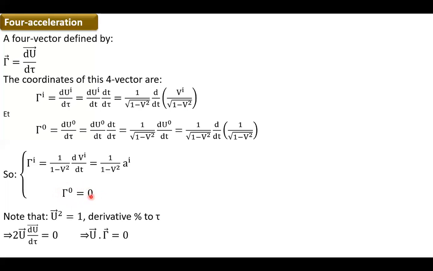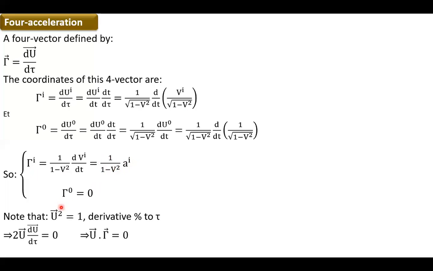The time is never accelerated. You have a variation of time from one frame to another, but never an acceleration of time. So gamma 0 is always 0. You can always use it. Gamma 0 is always equal to 0. And the spatial acceleration is gamma squared times the 3D acceleration.